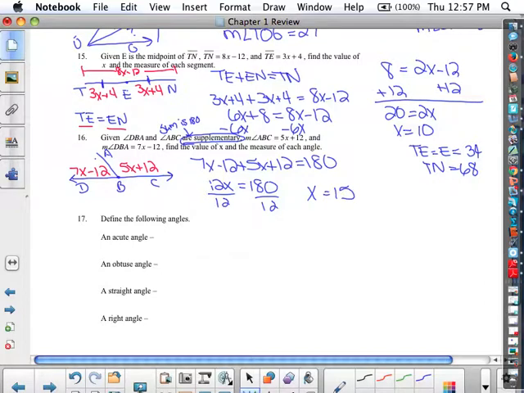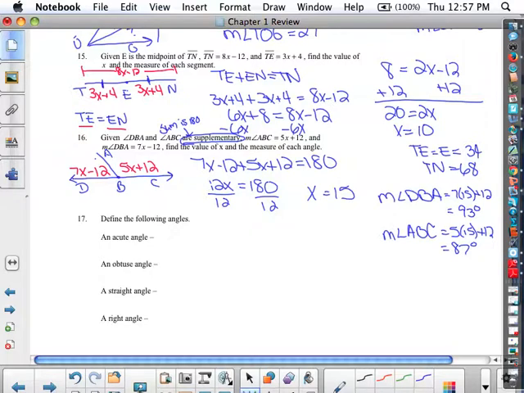Substitute those back in and you will get the measure of angle DBA is equal to 7 times 15 plus 12, which is 93 degrees. The measure of angle ABC is equal to 5 times 15 plus 12, which is 87 degrees.